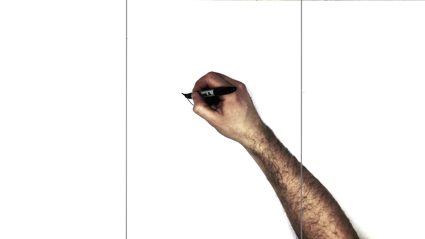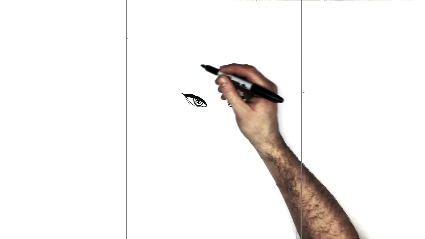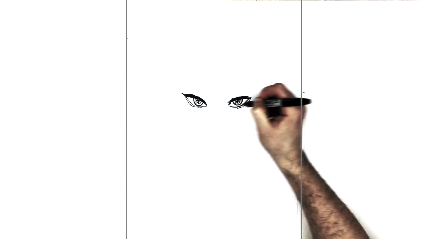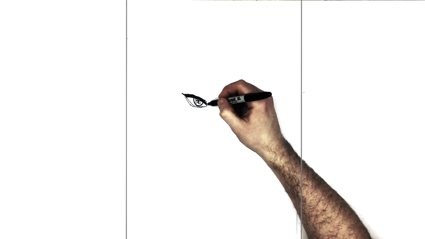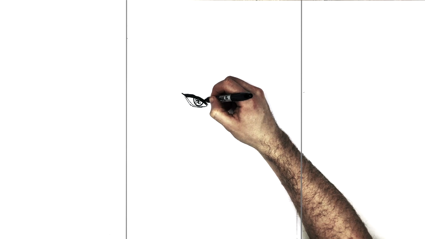Then a line coming down around his bottom eyelid, just like so. And then on this side we have a couple of extra lines coming down in here, coming in towards his nose.